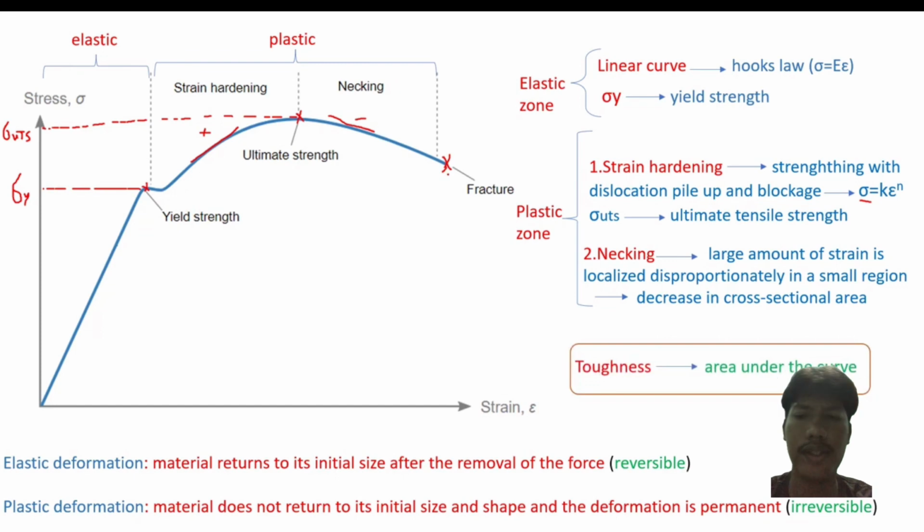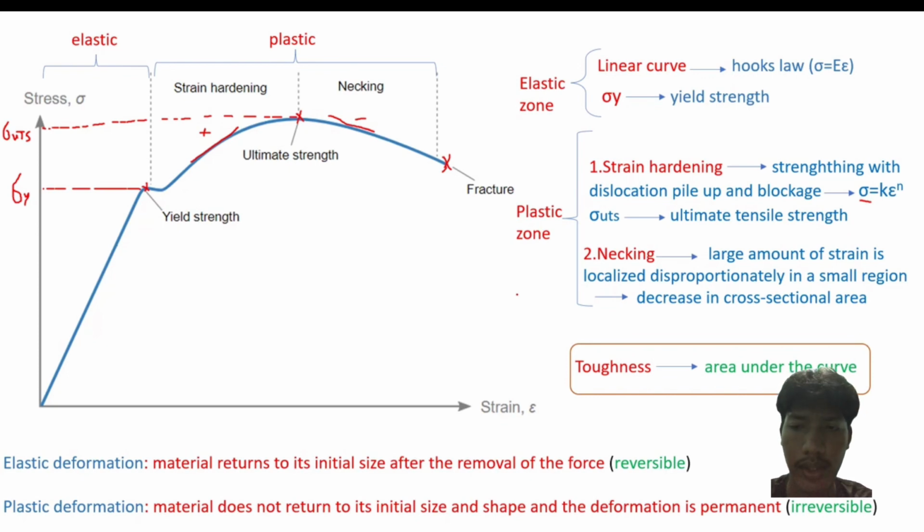When this happens, we understand that the specimen is near fracture, because after necking the specimen breaks, the test is over, and the curve is over too.